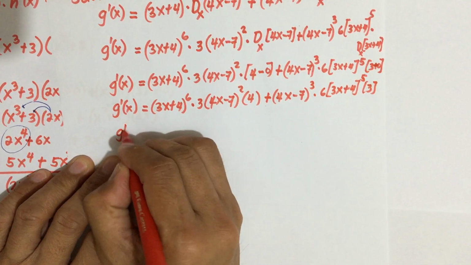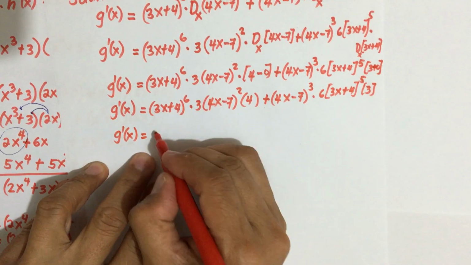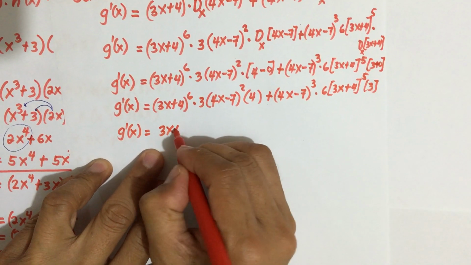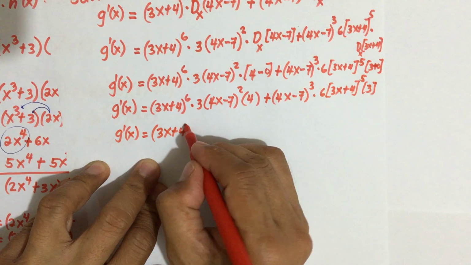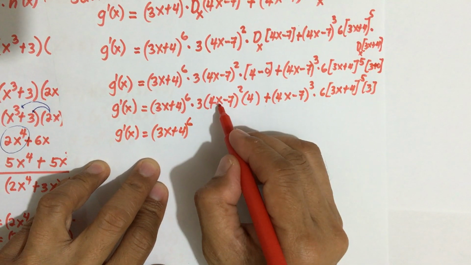So g prime of x is equal to, here we have 3x plus 4 raised to the power 6. So 3 times 4 is 12 multiplied by this.